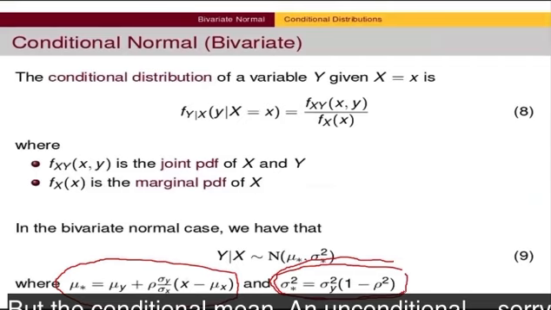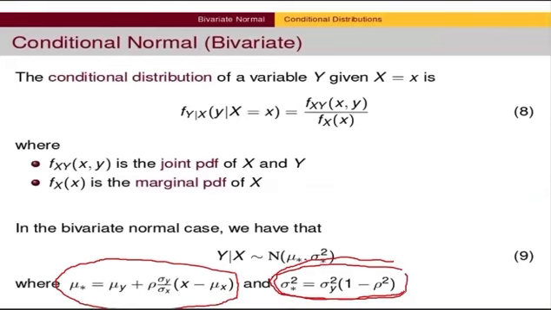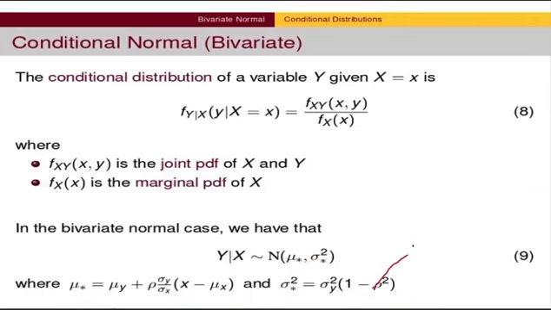But the conditional mean and conditional variance become unconditional mean and unconditional variance when the correlation is zero. Take a look at this. What happened here? If this is zero, you're only going to have a sigma square y, which is unconditional variance.